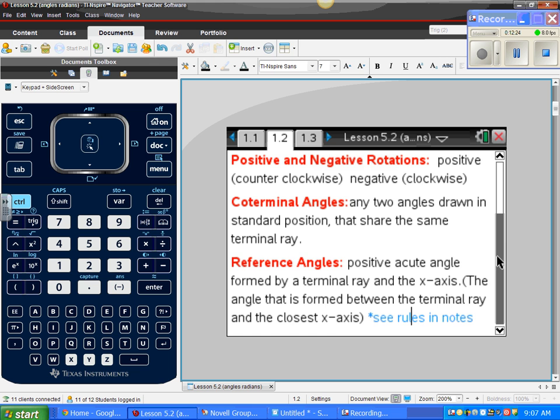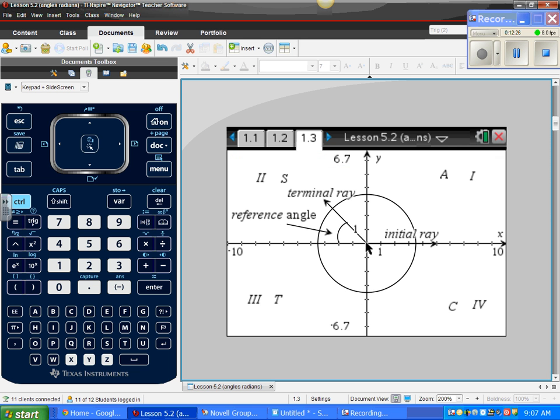All right, so on the next page, I just have some basic information for you. Your initial ray, again, right here. Your terminal ray. And that's in what position? Standard position. Here's your reference angle. What does that 1 stand for?